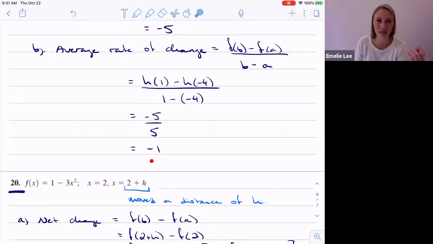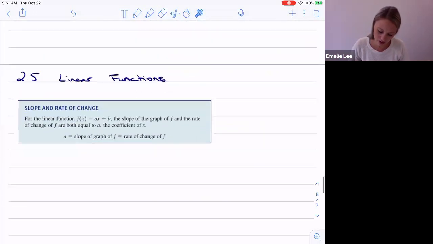Negative 1. So we've already seen this in action, and it's a nice, fairly obvious result. If you've got a straight line and you take two points on it and find the average rate of change, that's the same thing as finding the slope. And that's all we're saying in section 2.5.